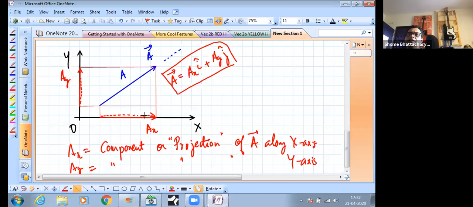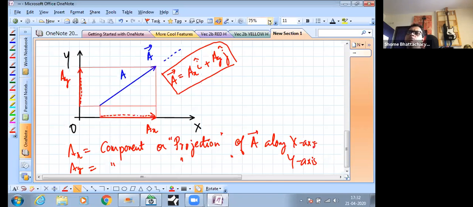So the projection it is cutting, that is nothing but the component. Similarly, from the base, we are dropping a perpendicular on the y-axis. From the head, we are dropping a perpendicular on the y-axis. So the shadow or the projection, or in other words, the component, that is what we are labeling as Ay. Right, people? So hope this is clear.